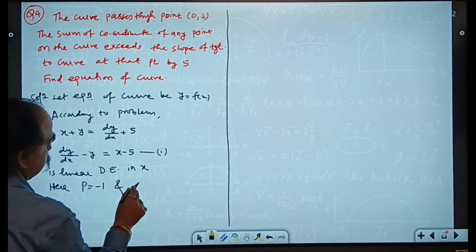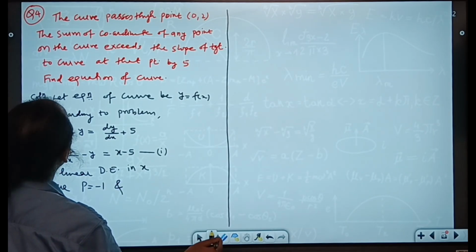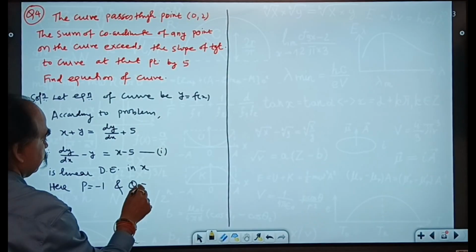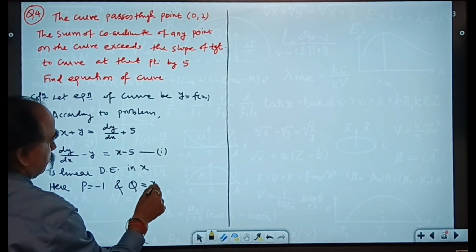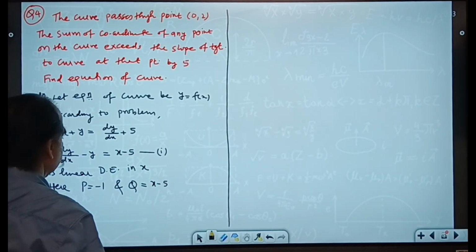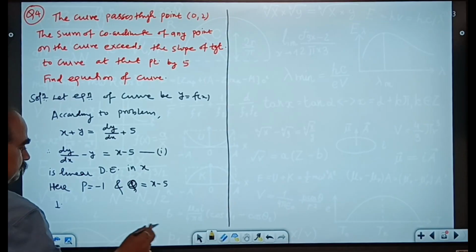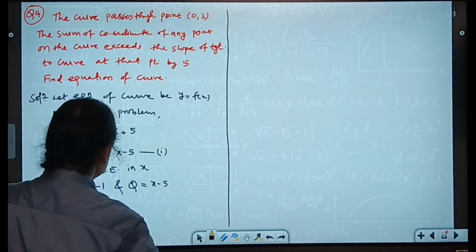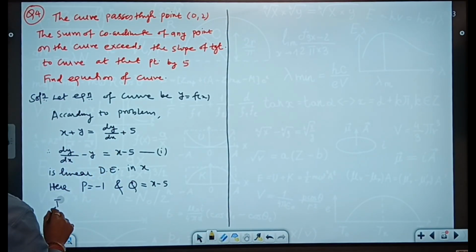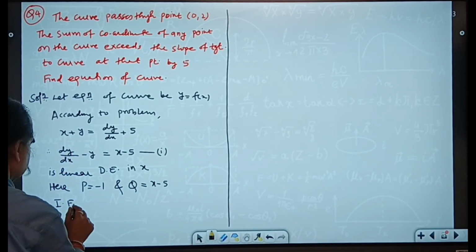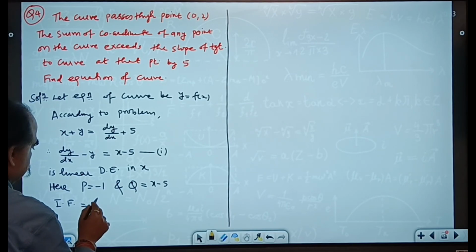Minus 1, and q is x minus 5. Integrating factor is e raised to integral p dx.